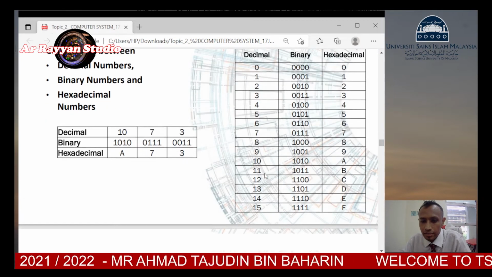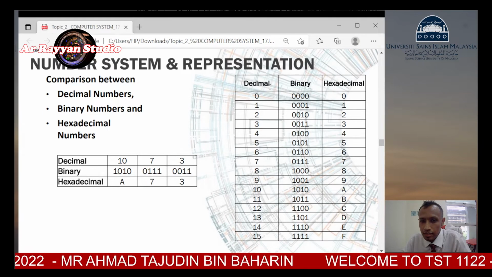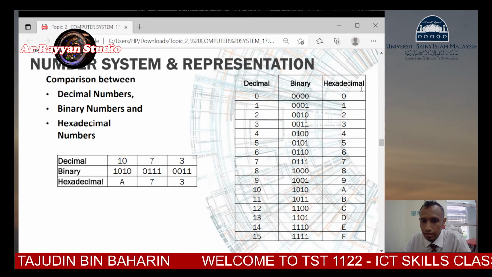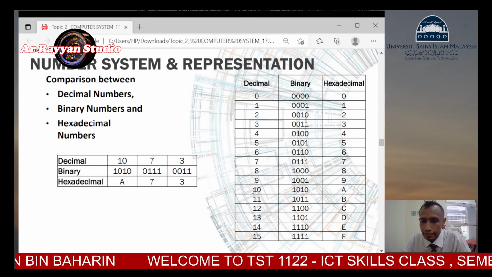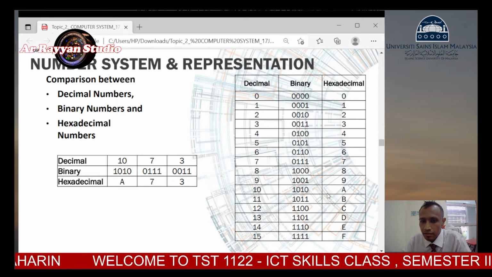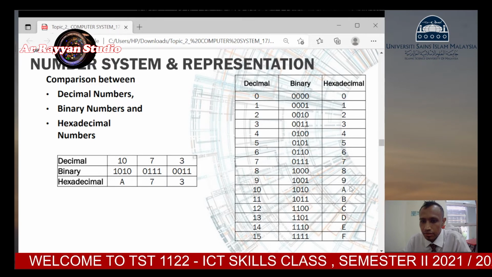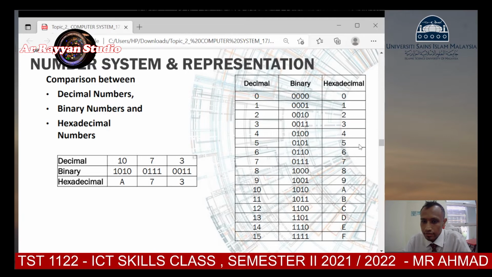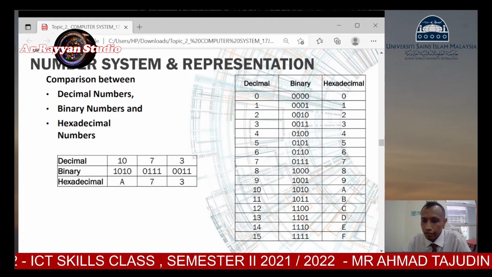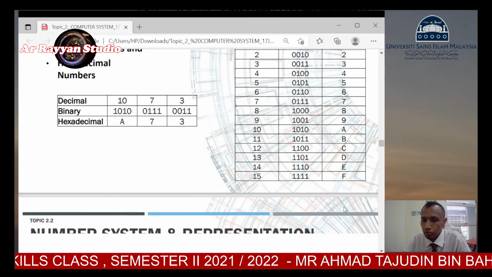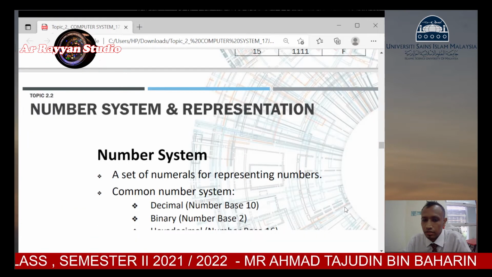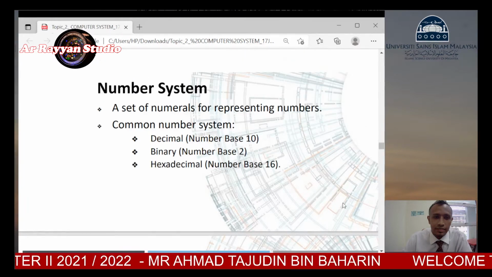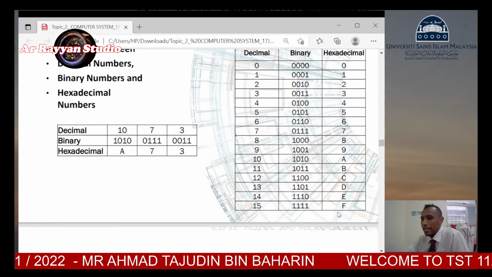Okay, this is example of the table of the decimal number, binary number. So on the 10 decimal, so you can get hexadecimal capital A, right? On 15 decimal you can get hexadecimal capital F. Okay, and so on. Itu korang kena hafal lah, kalau boleh hafal. Alright? Is it okay? Okay tak?